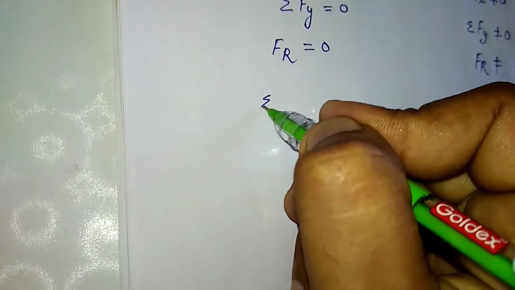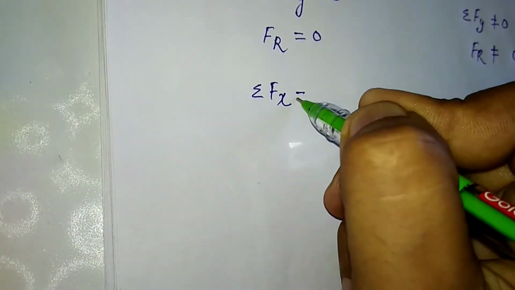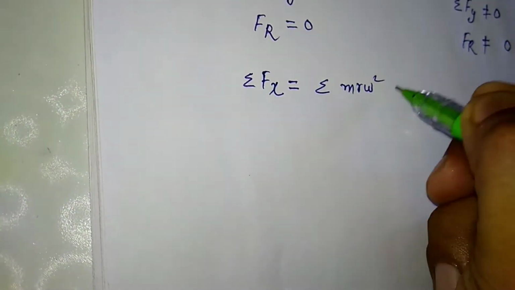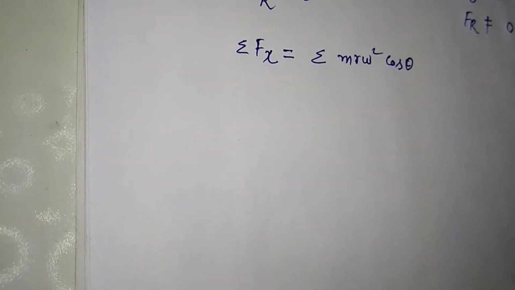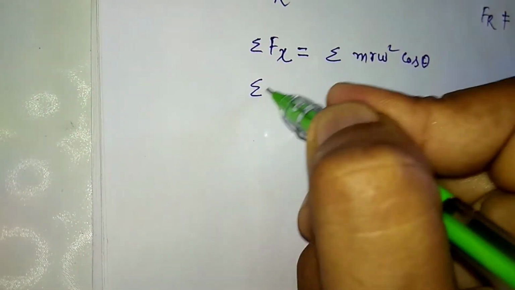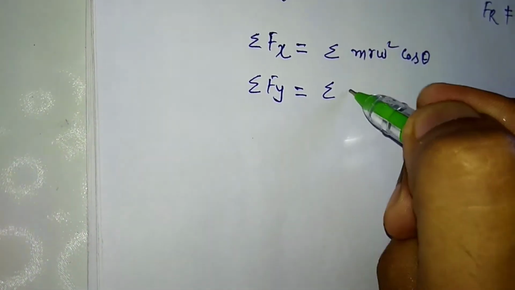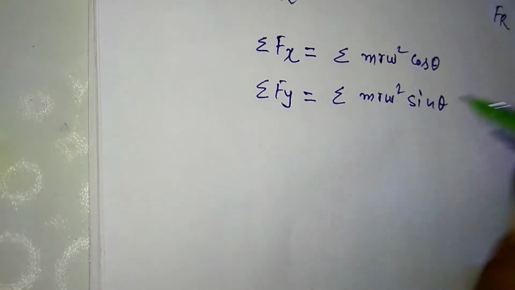As we know, the summation of all forces in the x direction can be written as summation of m r omega square cos theta, and the summation of all forces in the y direction can be written as summation of m r omega square sin theta.